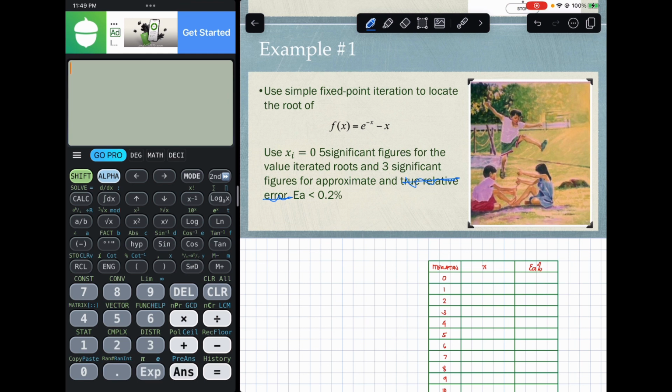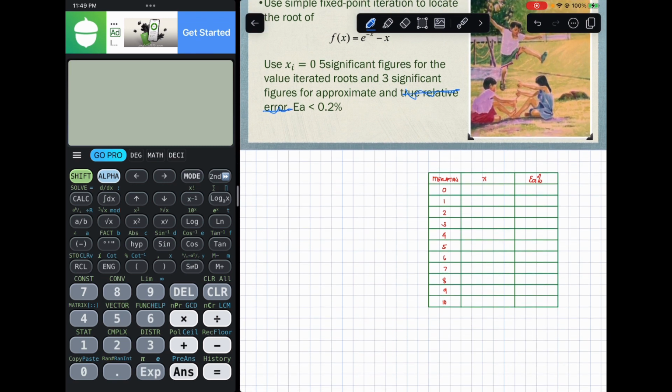Our first step is to set f of x equal to 0. Our f of x is e raised to negative x minus x, so e raised to negative x minus x equals 0. Or we could write 0 equals e raised to negative x minus x.